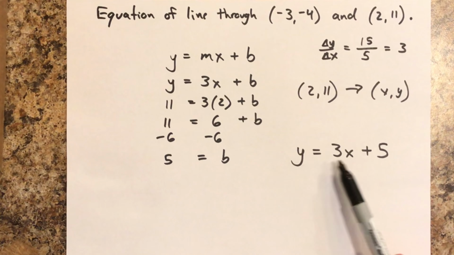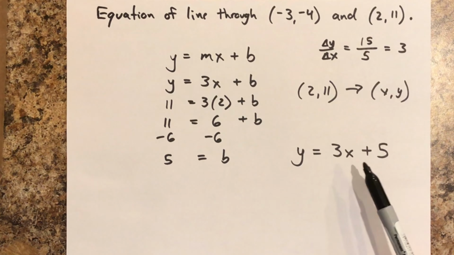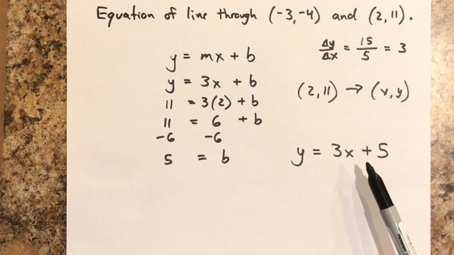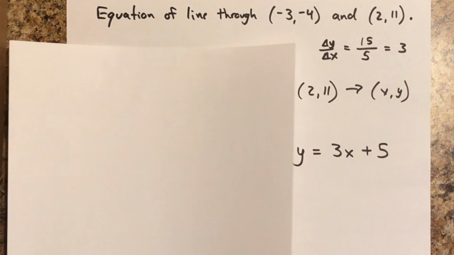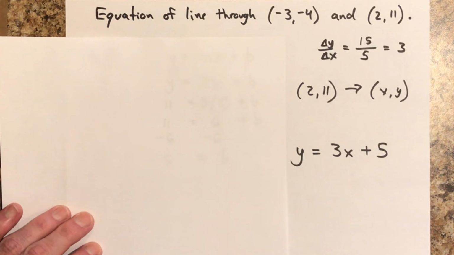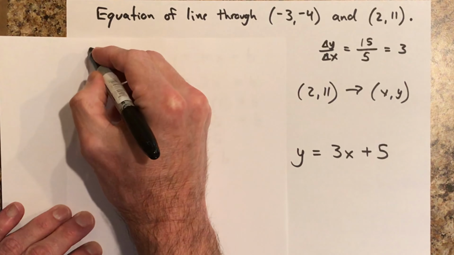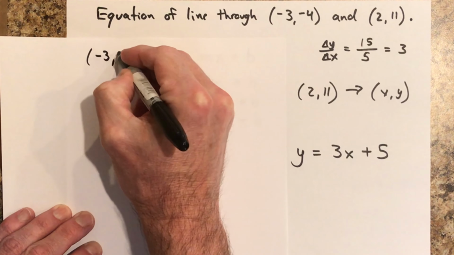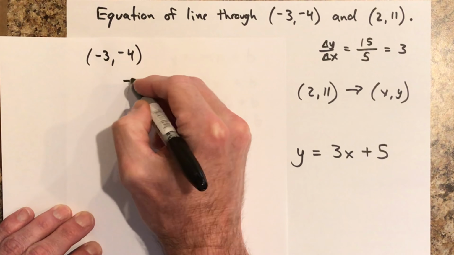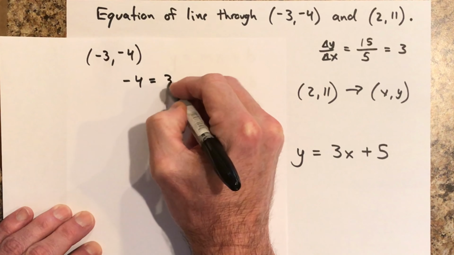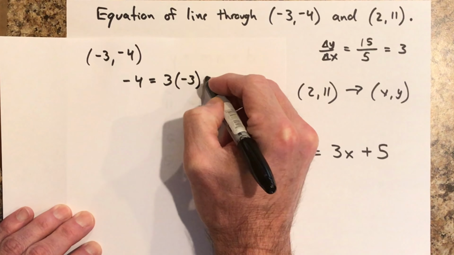Now we know that y = 3x + 5 is the right line, but how could we be sure that it was the right line if we weren't allowed to use technology like Desmos? Here's how. Take your equation, y = 3x + 5, and check it with both points. You have to use both because it might go through one point and not go through the other if you've made a mistake.